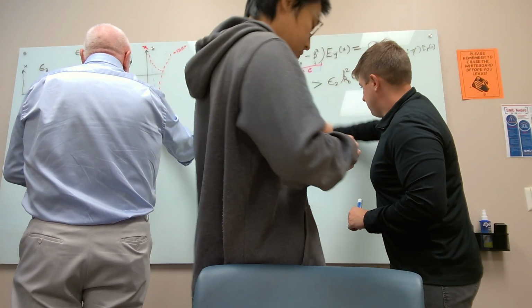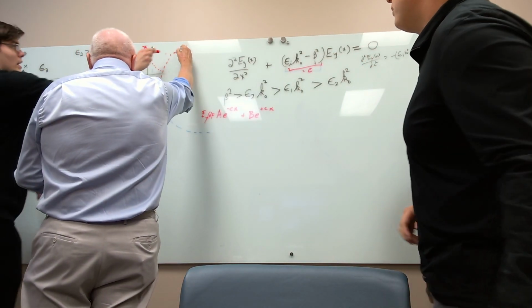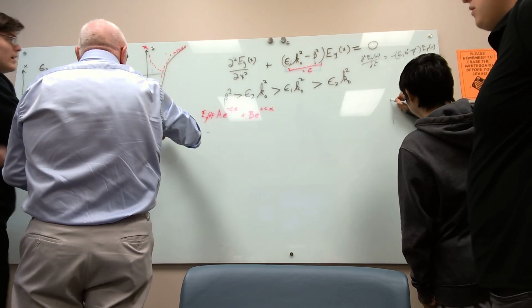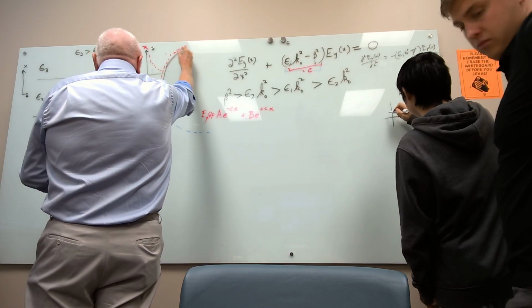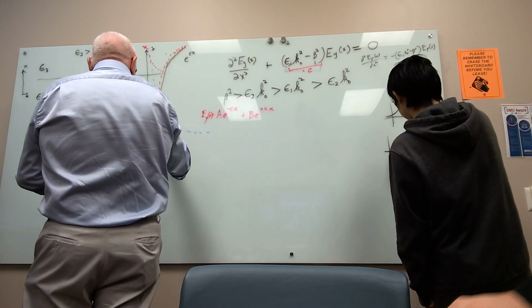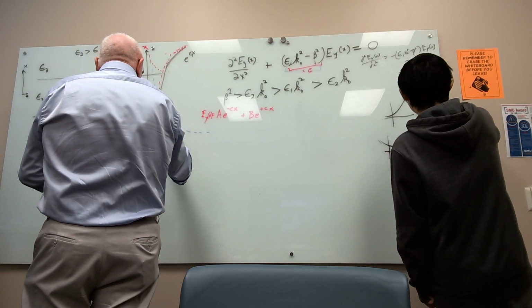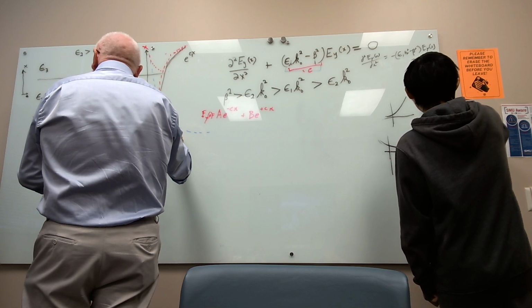Right, so let's see. What did you draw first? This is what you drew. So this is e to the C3x, and down here, e to the minus C1x.